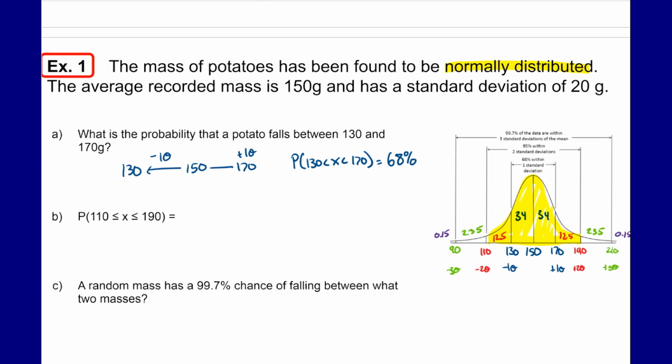Well, the values are nicely between two standard deviations, plus or minus. We're talking about two standard deviations. That is a 95% chance. We say 0.95. So there's a 95% chance that it will fall between 110 and 190 grams, because that's within two standard deviations.